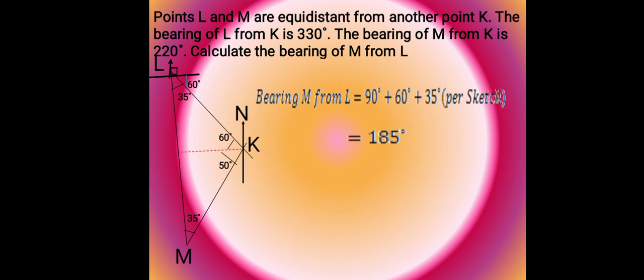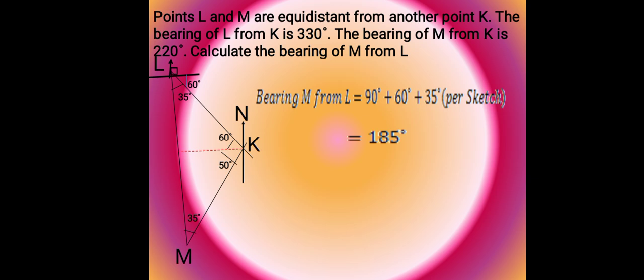Now, as per the diagram, the bearing of M from L, look at where M is and where L is. It will be just a matter of adding the 90 degrees and adding 60 degrees.